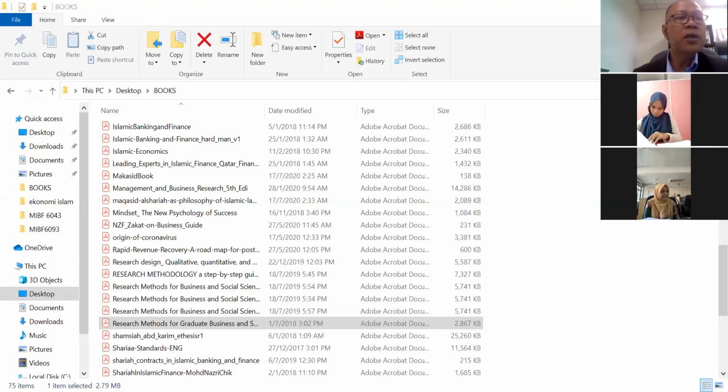From our hypothesis, we need to collect the data. In order to collect data, you have to ask yourself what kind of data you need. Is it primary data or secondary data? Primary data is the data that you collect for your own purpose.